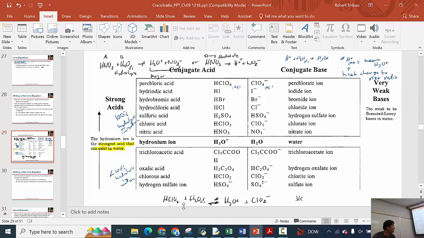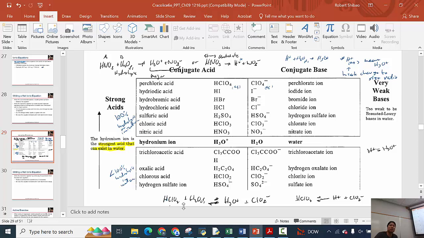What we'll do is we'll just say HClO2 dissociates into H plus aq. The H plus always has an asterisk. Why? H plus is going to have an asterisk because it doesn't exist in water. When we see H plus, we think H3O plus.